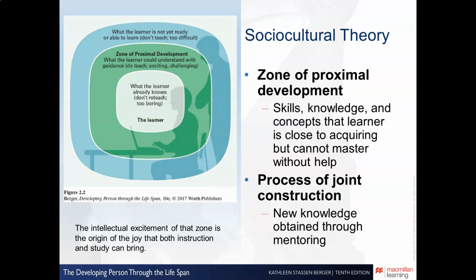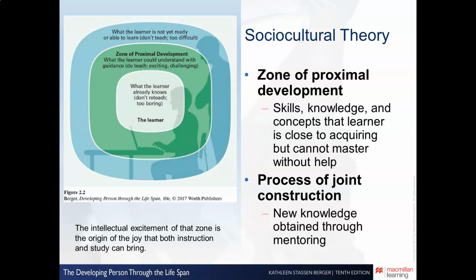Now, I did include this here in our presentation just because of a simple term right here. And this is called zone of proximal development. And all that basically refers to is the knowledge, skills, and concepts the learner is close to acquiring, but cannot acquire on their own and will need some mentoring to help them get to that next level.